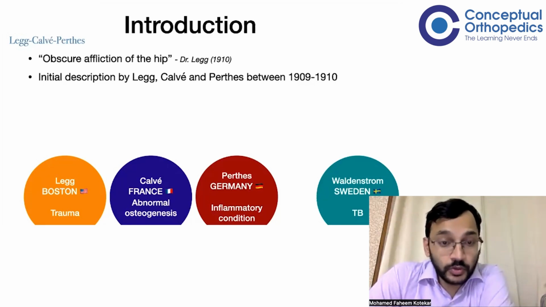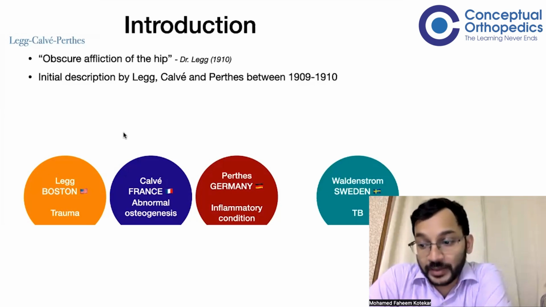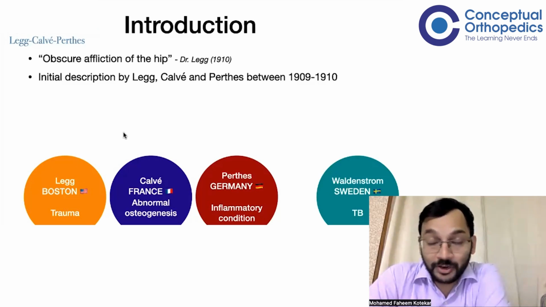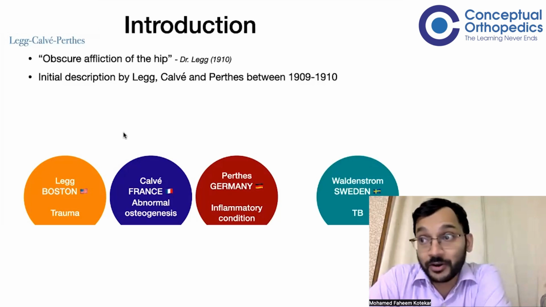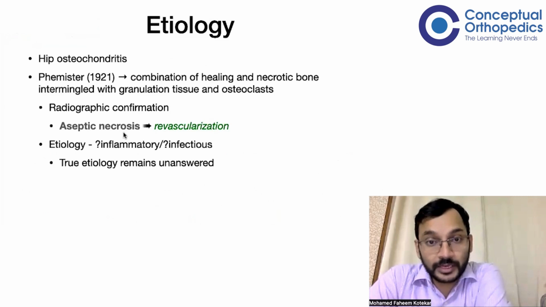Okay, so that's the initial description, and that's why these 3 gentlemen in particular have had the disease named after them, and of course Waldenström from Sweden, whom we should not forget because he also gave one of the named descriptions of this particular disorder.